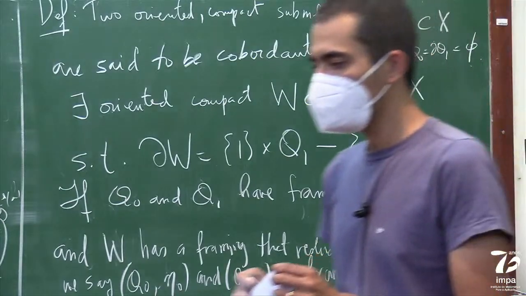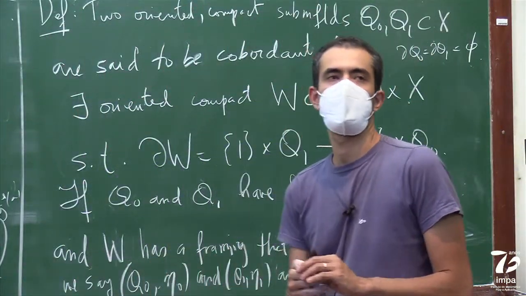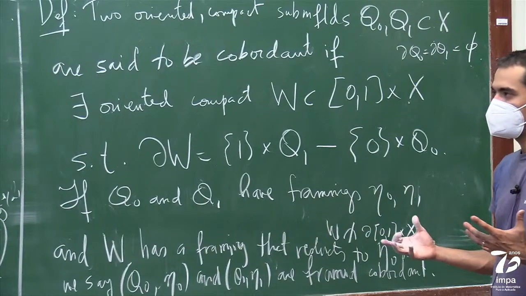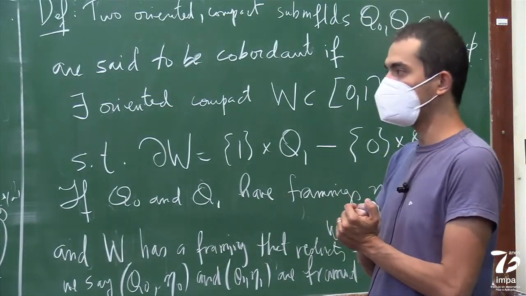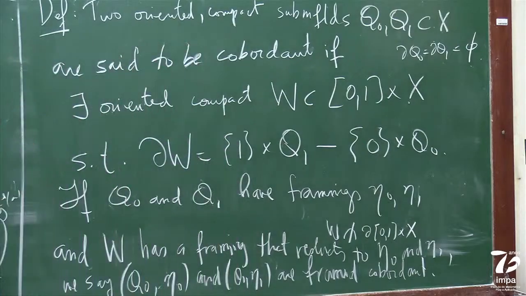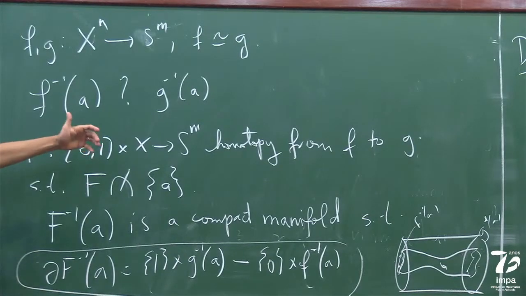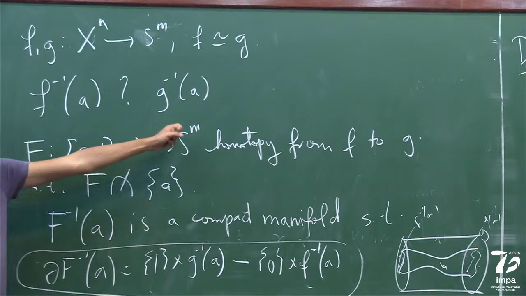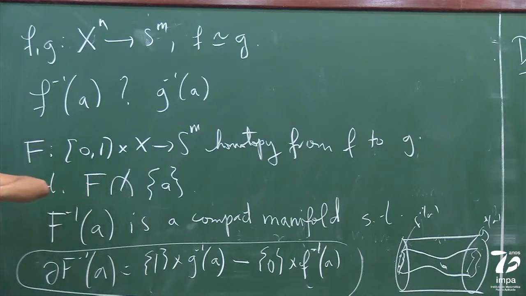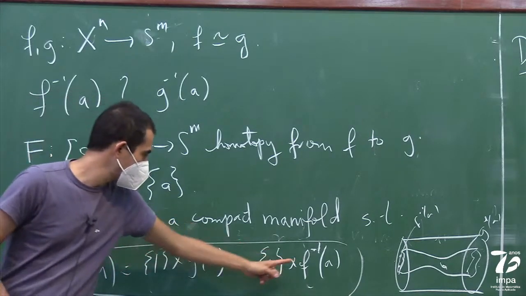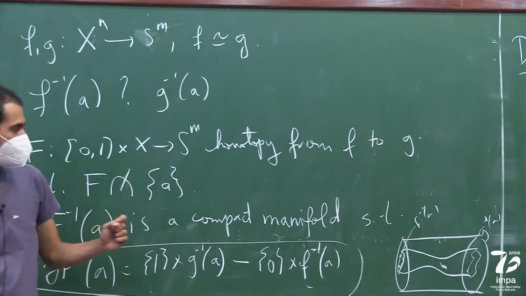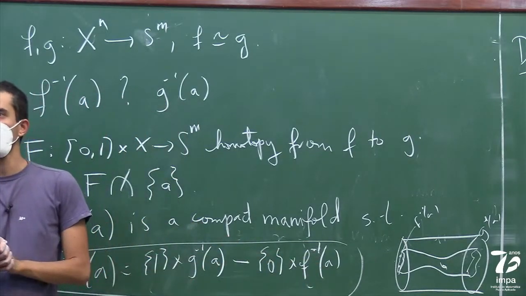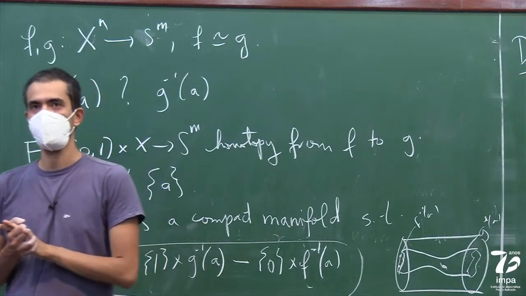So I think we've covered a lot of stuff, but I wanted to set this up, and basically the next step would be to show that this cobordism here that you obtain from a homotopy will also have a framing that's given in this exact same way by just identifying the normal space to a fixed tangent space of S^M. And therefore, the preimages F inverse of A and G inverse of A are not only cobordant, but they are framed cobordant.